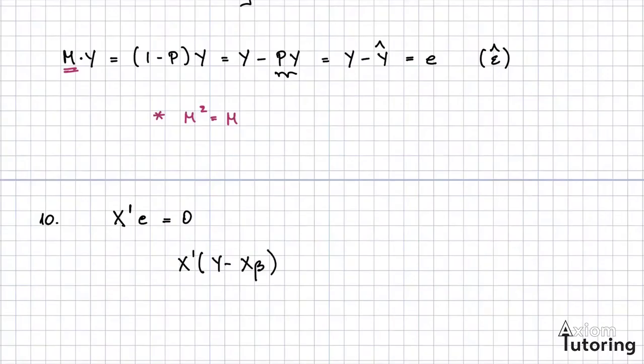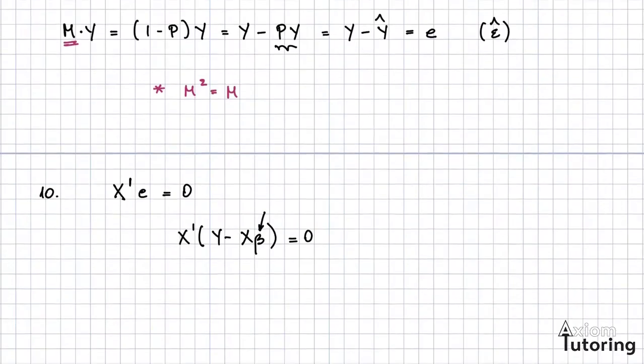Keep in mind here, once we find the derivatives, this would be our beta hat. So this is equal to 0, and ultimately we've got simply X transpose times e equal to 0. So every regressor is orthogonal to the residuals.